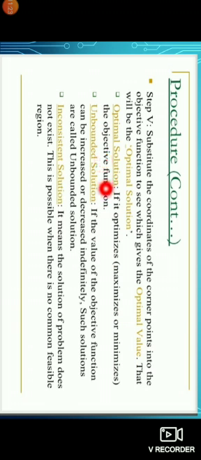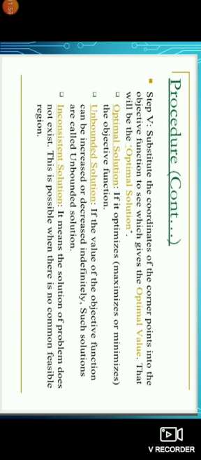The optimal solution is, if the objective function is always maximized or minimized, bounded or unbounded. The definition of unbounded: if the value of the objective function can be increased or decreased indefinitely, such solutions are called unbounded solutions. Inconsistent solution means the solution of the problem does not exist.